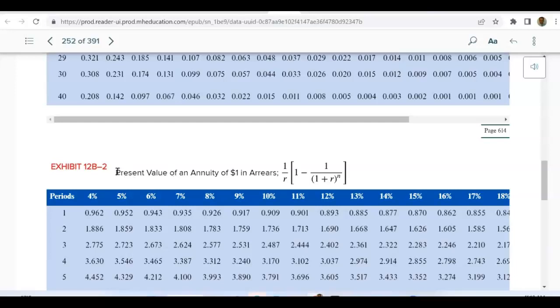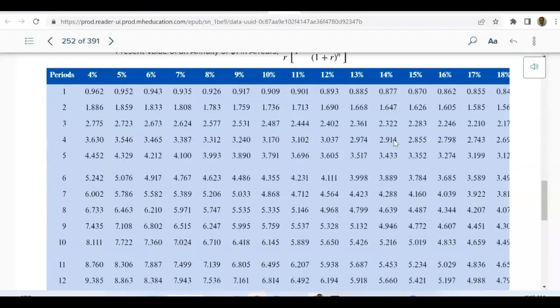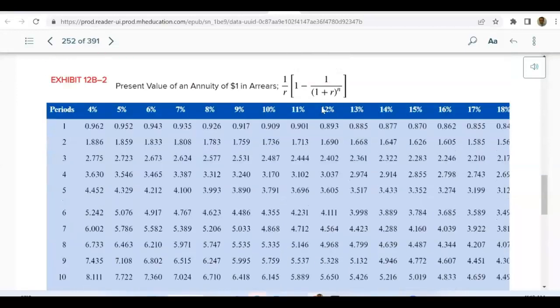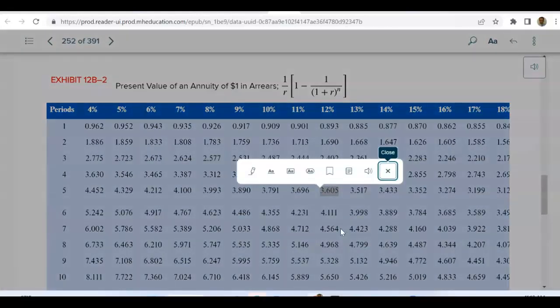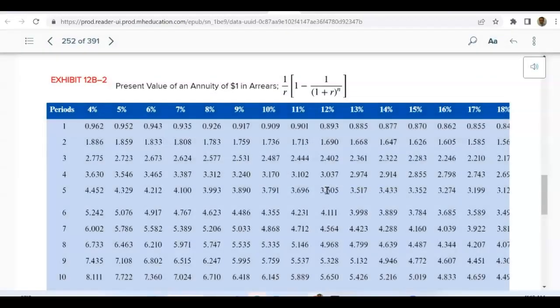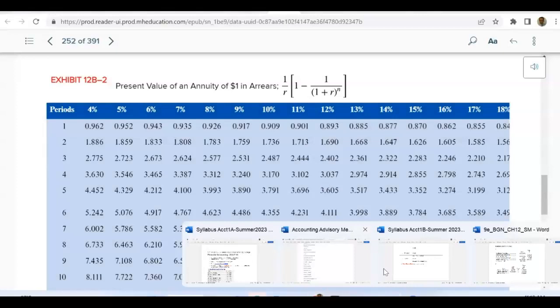So here is present value of an ordinary annuity, and we're gonna use that. What is the minimum required rate of return? 12%. We're gonna do that annually, and for 5 years, 5 series of payments. So here is 5, here is 12, and here is the factor right there: 3.605. So now you know where that 3.605 is coming from.